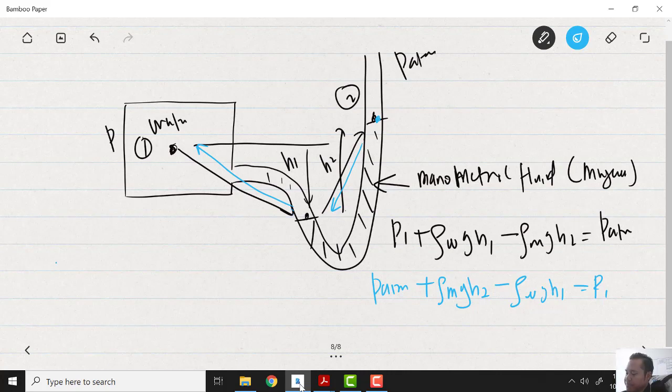If you go up, it becomes minus. If you go down, it becomes plus, following the arrow that you write, from where to where, along the line of the fluid. Here is the fluid line of mercury, and here is the fluid line of water.